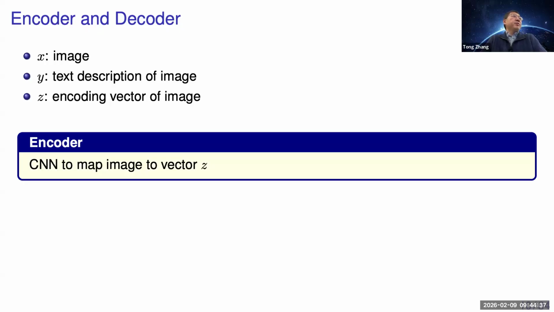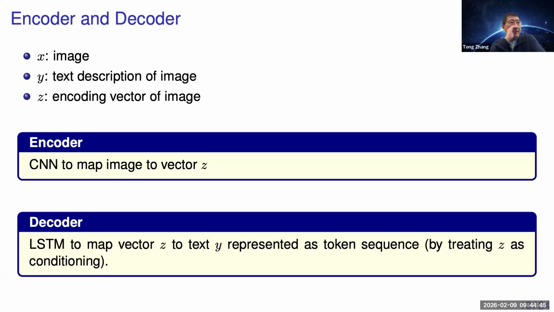So here is a simple design, just for illustration. A CNN maps the image to a vector Z. The decoder LSTM maps Z to text Y, representing the token sequence by using Z as a conditioning. So that's basically the simple design.